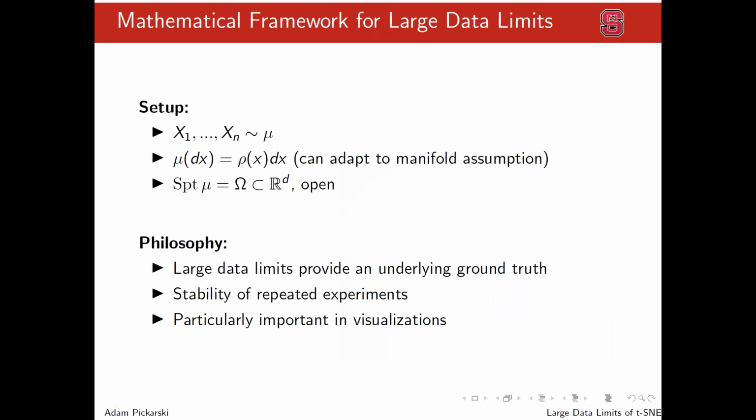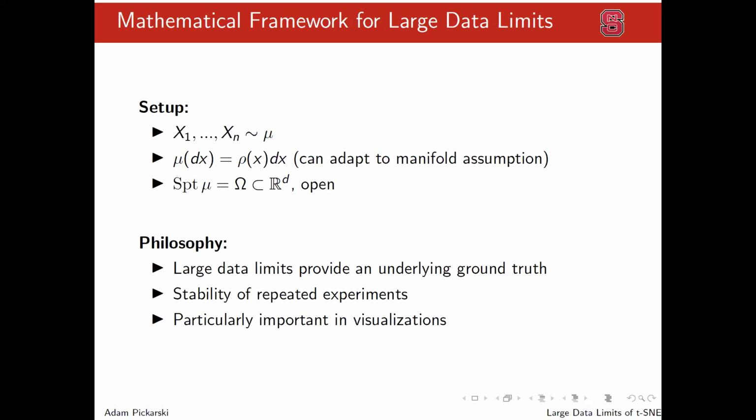So what we're doing today is large data limits of this algorithm. It's something I know Jeff does a lot of, and probably some other people in this room have looked into. But just to remind you why you would do something like this, especially for data visualization techniques, where you want to say that I'm doing some statistical procedure, and underlying that is some model, often given in the form of a variational energy.